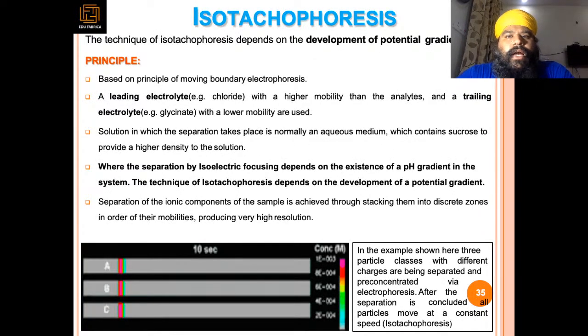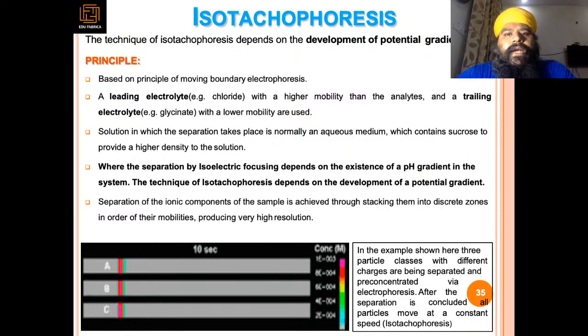Then there's isotachophoresis. I hope you have never heard these terms before, because they are kept very unique within electrophoresis, so I hope you are learning some new techniques today. The technique of isotachophoresis depends on the development of a potential gradient. Basically it's the same principle as moving boundary electrophoresis.